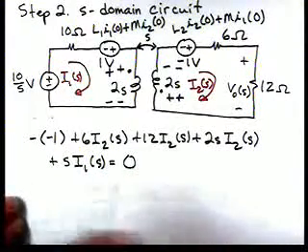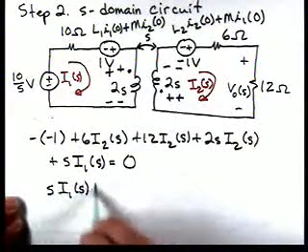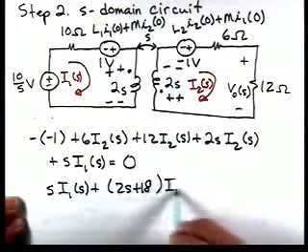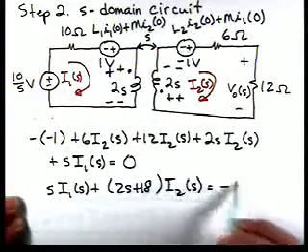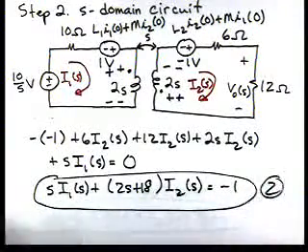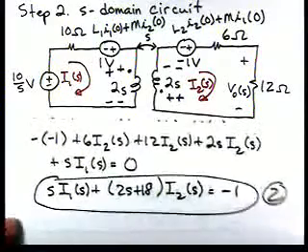And if we rearrange, we'll have S I1 plus 2S plus 18 times I2 is equal to minus 1. So here's our second equation. Now we need to solve these two equations. And what we'll do is, let's solve this equation for I1.